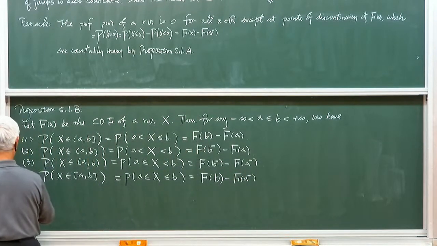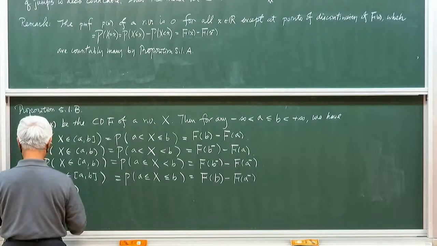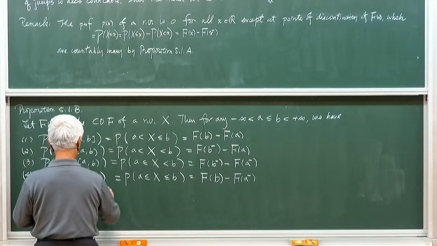And the fifth one, for a point, of course, this is P(X = a).